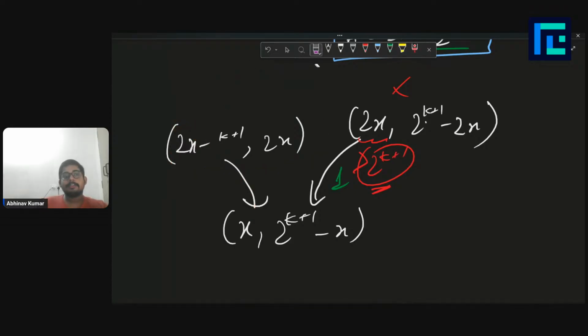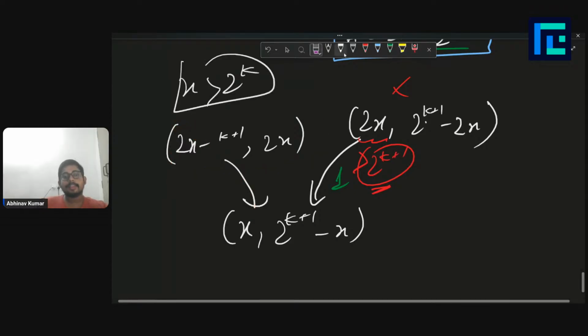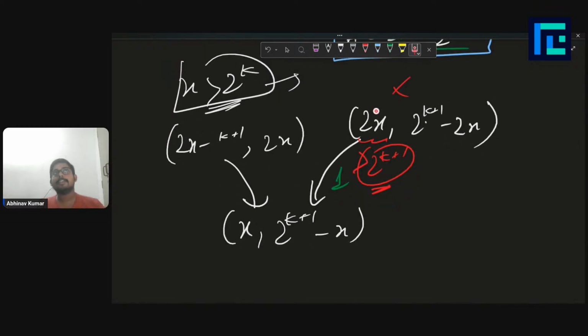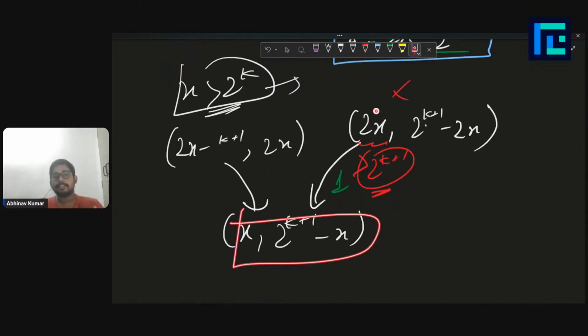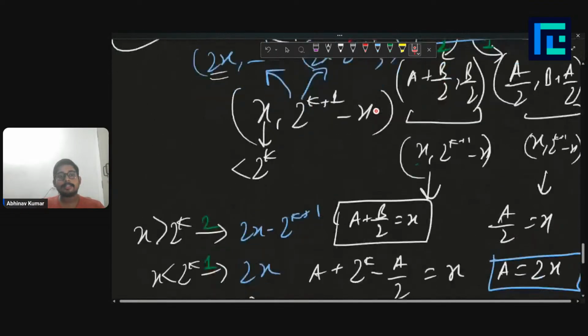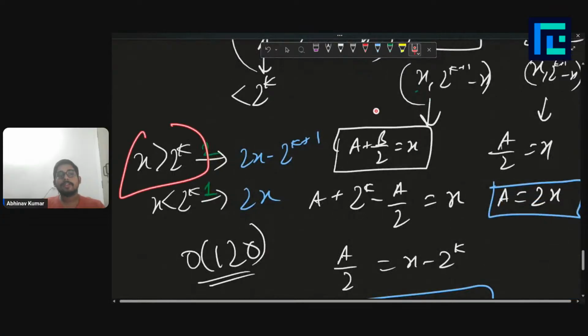So depending on your value of x, there is only one state possible from which you can come to this state. So you can do the operations in reverse order, start with this state, and if the value of x is greater than 2 to the power k, apply operation 2 and update your value of x.